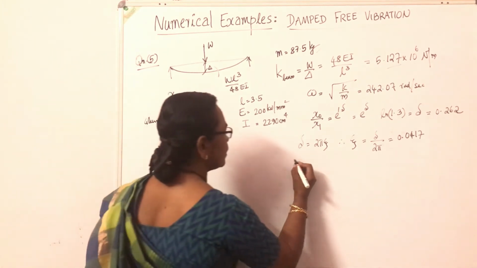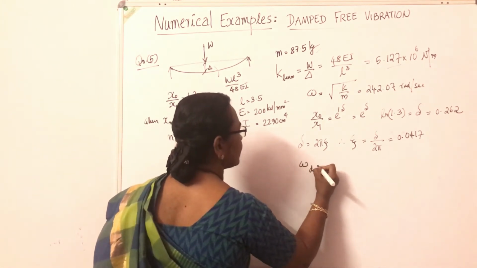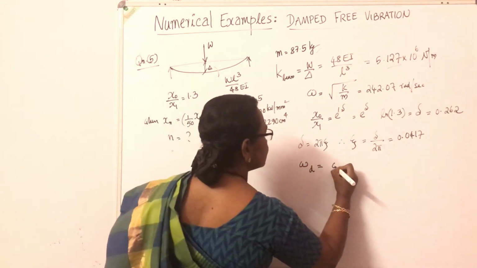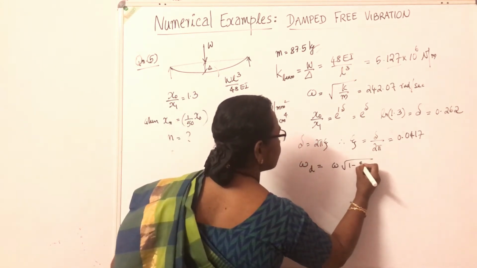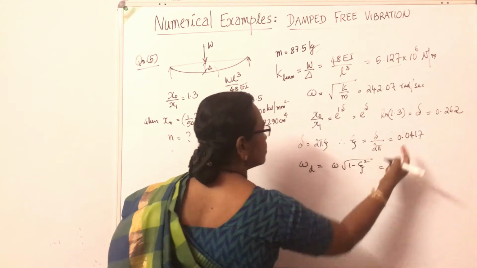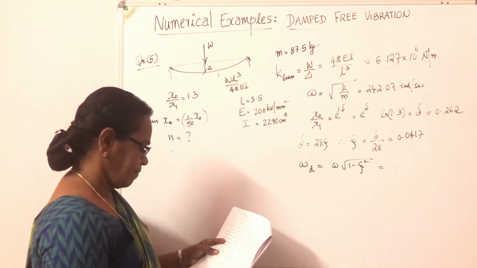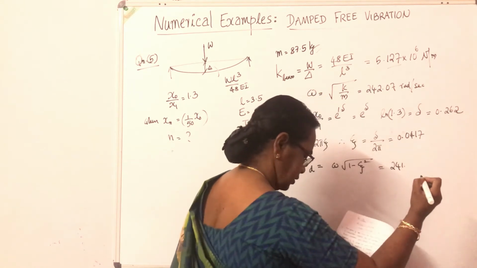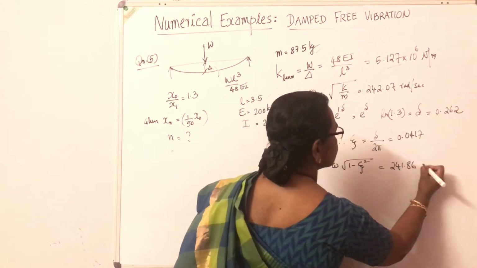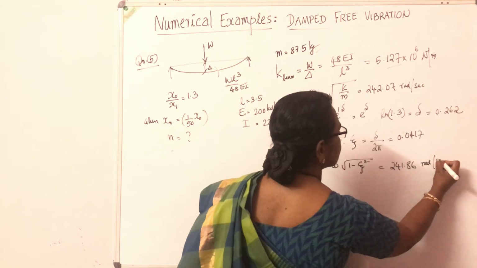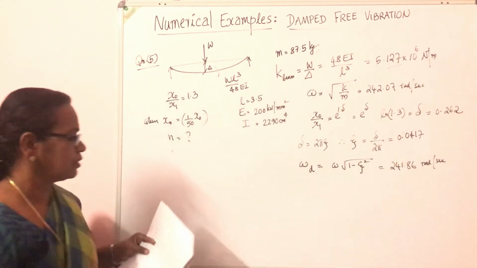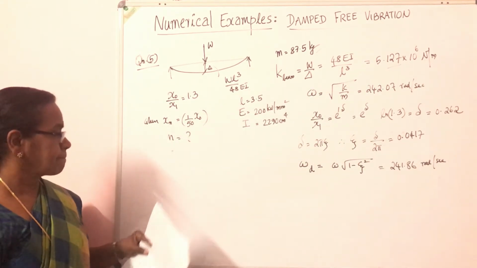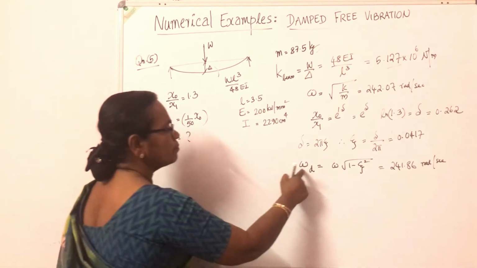Then we can get the damped frequency omega d is equal to omega into root of 1 minus psi square. Substituting these values, 241.86 radian per second. So we have got the damped frequency.